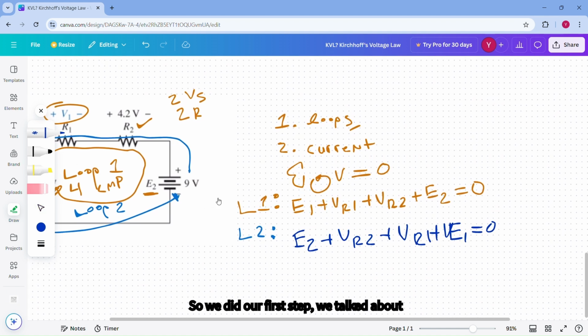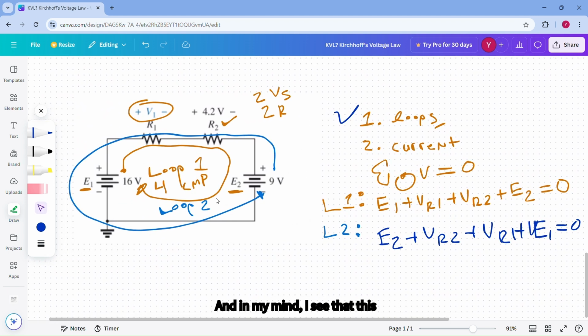Okay. So we did our first step. We talked about our circuit. We made our loops. Now let's think about the current. In my mind, I see that this E1 is a greater value than 9 volts. So by instinct, I'm going to choose to put the direction going clockwise.